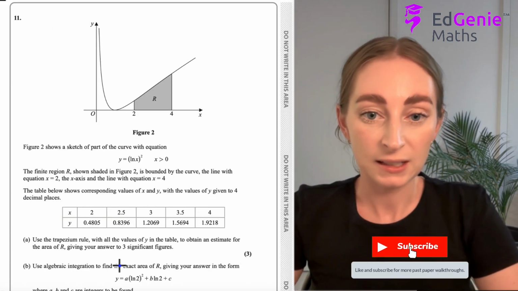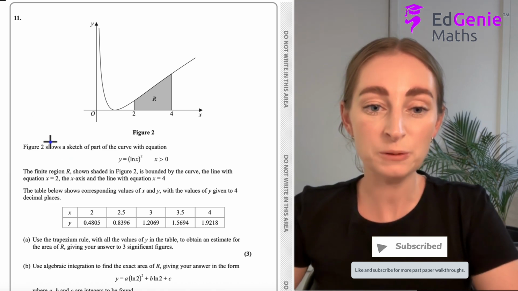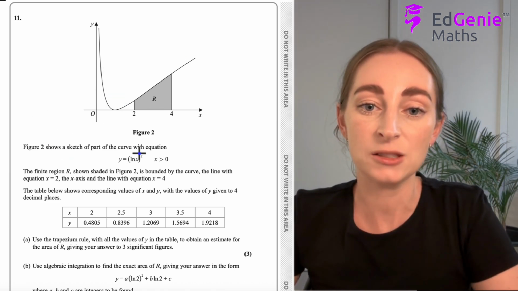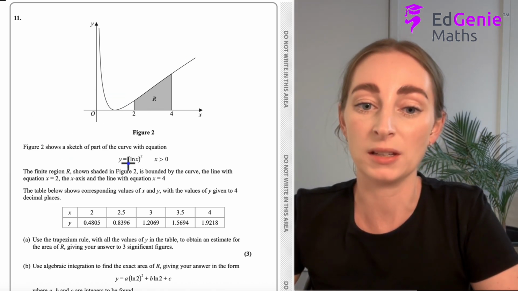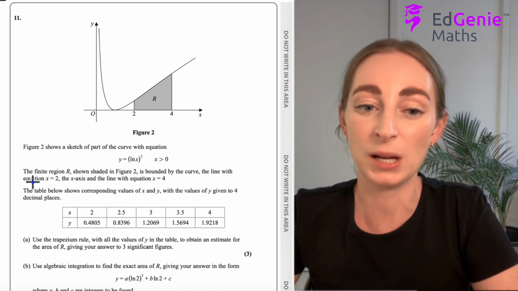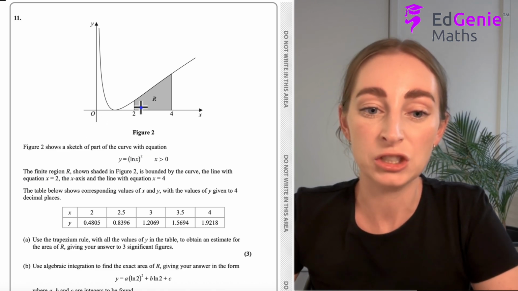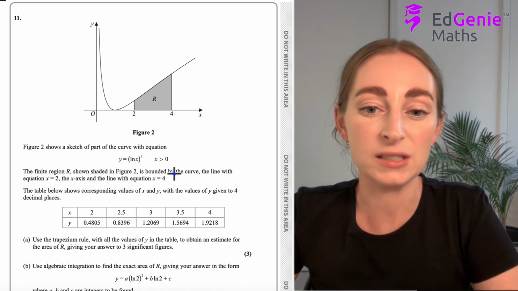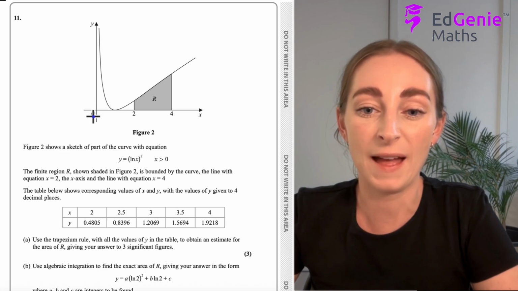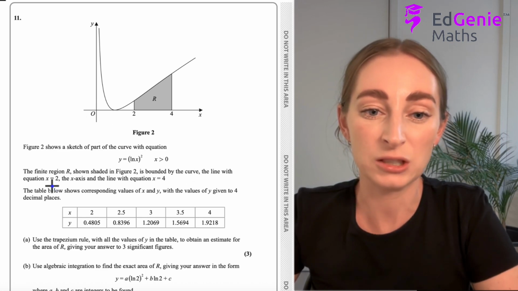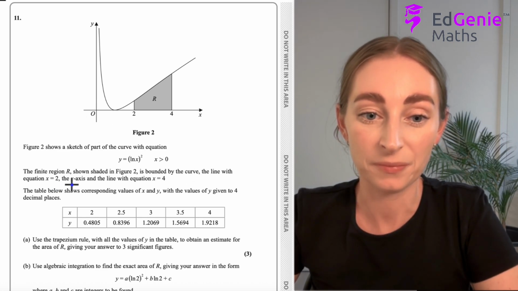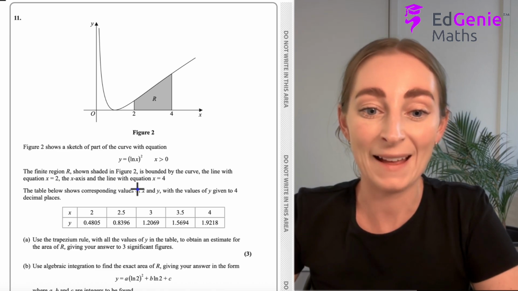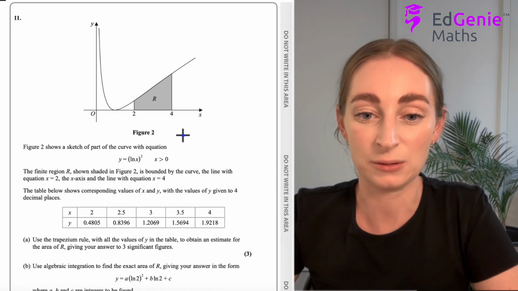Question 11, and this looks to be a trapezium rule. So we've got a sketch of part of a curve, and it's y equals ln x all squared. The finite region R shown in the diagram is bounded by the curve and the line with equation x equals 2, the x-axis and the line with the equation x equals 4.